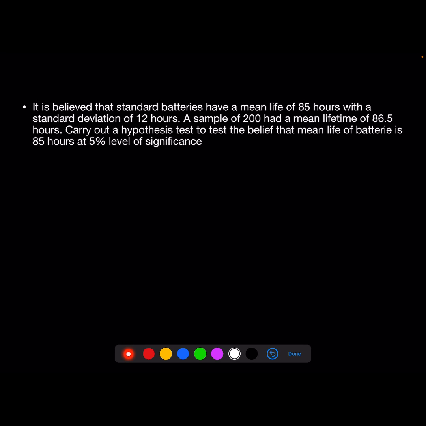So first, we're going to note what my null hypothesis is. Well, my null hypothesis is that the mean life of those batteries is 85, and my alternative hypothesis is that the mean lifetime of the battery is not 85 hours, as simple as that. Second, as you remember, we have to state the level of significance.